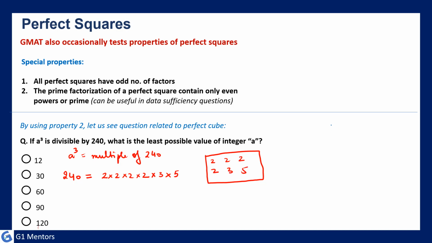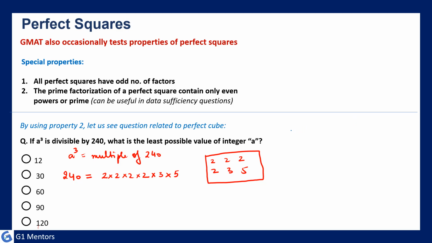Since a cube is divisible by 240, let's see the prime box of a cube. The prime box of a cube will have the numbers 2, 2, 2, 2, 3, 5 and some other factors as well. It will have the factors of 240 and it will also have other factors.